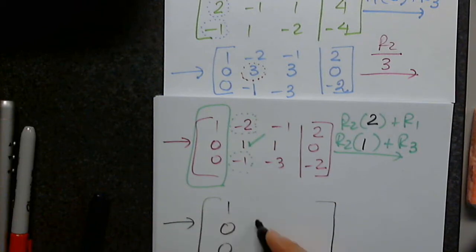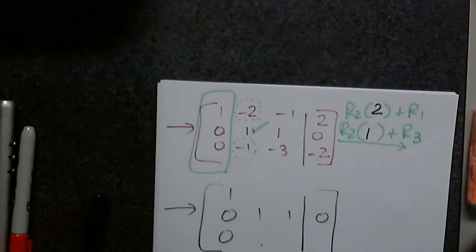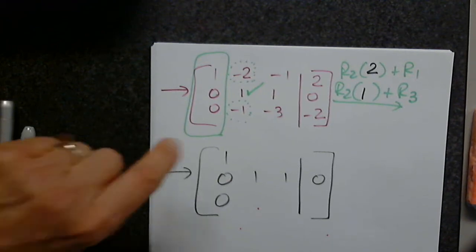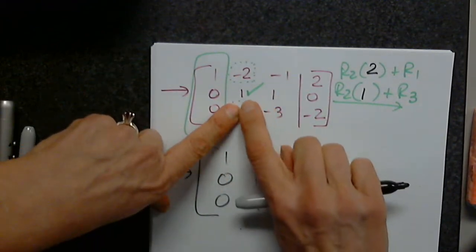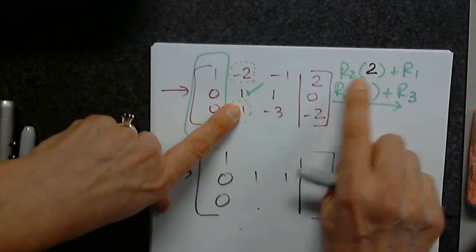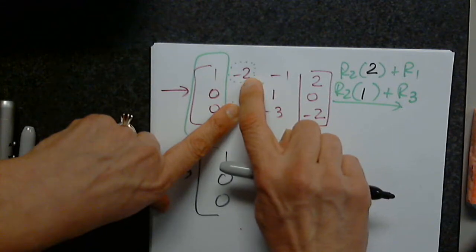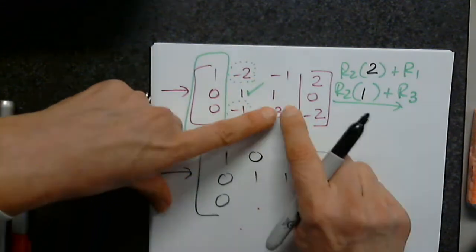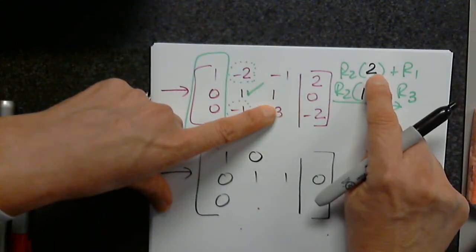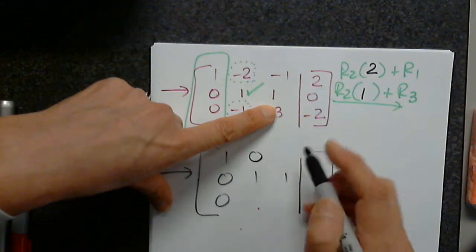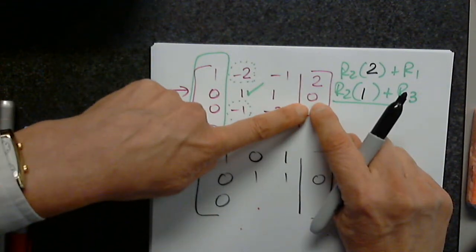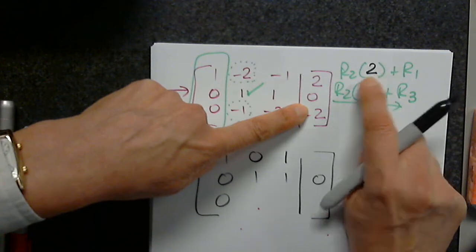1, 0, 0, 1. 1 and 0. With me, please. 1 times 2 minus 2. 1 times 2 minus 1. 0 times 2 plus 2.